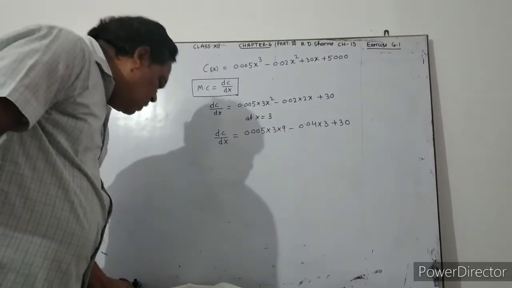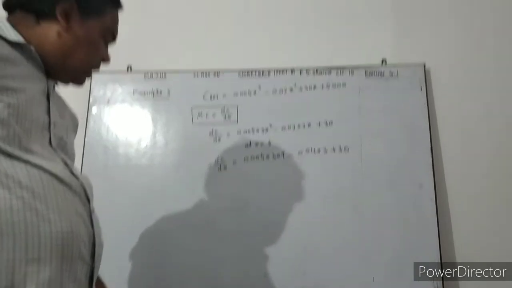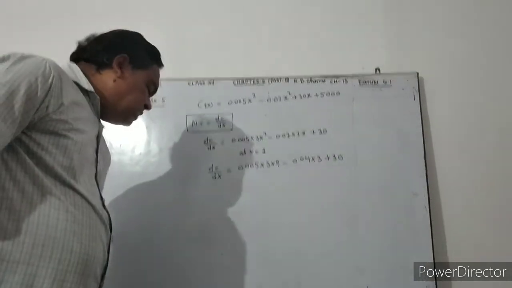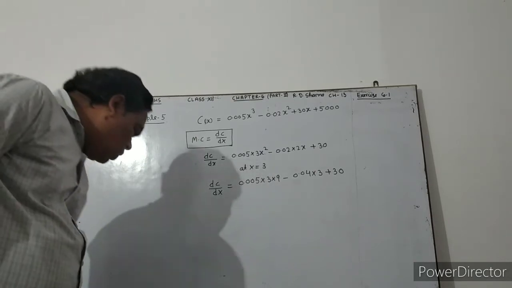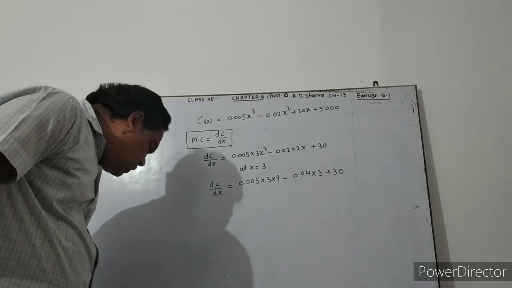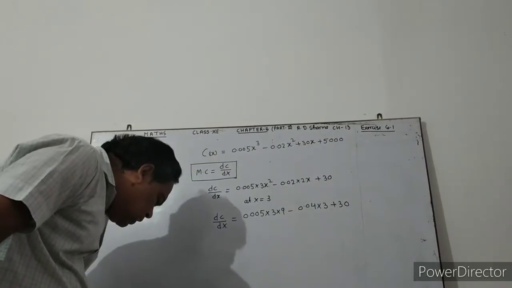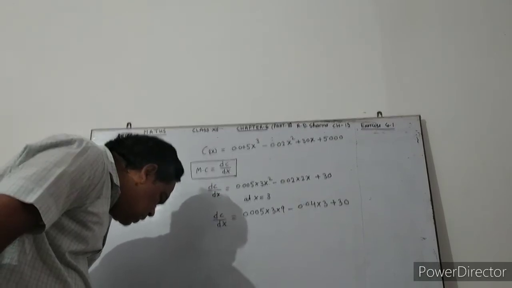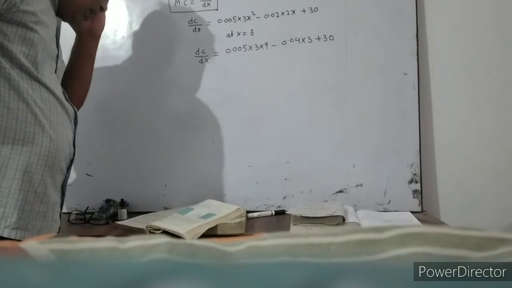Question number 7 is the same as Example 2 of NCERT, and question number 8 is the same as Example 2. Now we discuss question 10 and question 11.